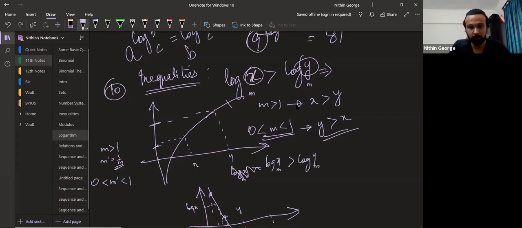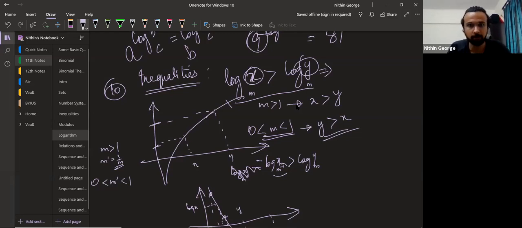I'm going to write minus here and put -1 here. Does this make sense? Because this power here, m raised to -1, that power -1, I can take it outside as a denominator's power. So then that minus and minus will cancel out, and I'll get the same equation first: log x to the base m greater than log y to the base m.